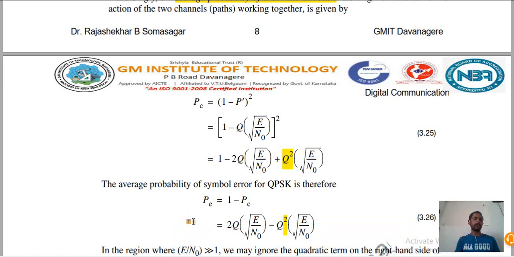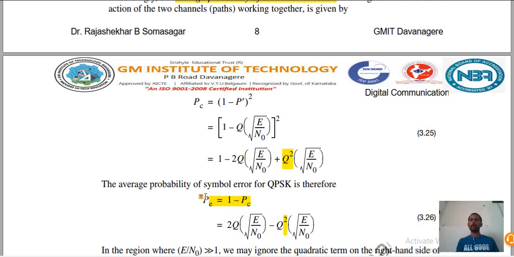Then the average probability of symbol error for QPSK is defined as P equals 1 minus PC, the probability of correct detection of the two channels.